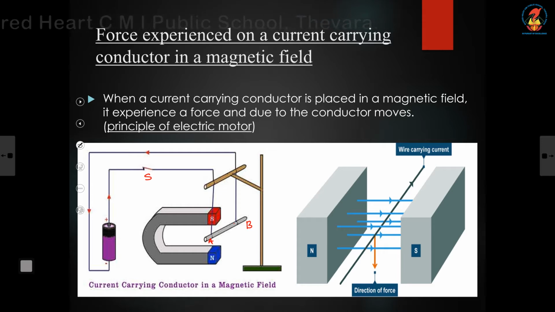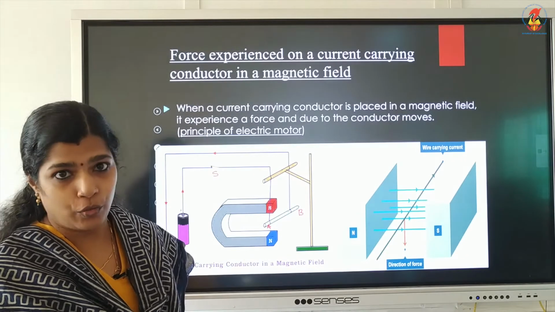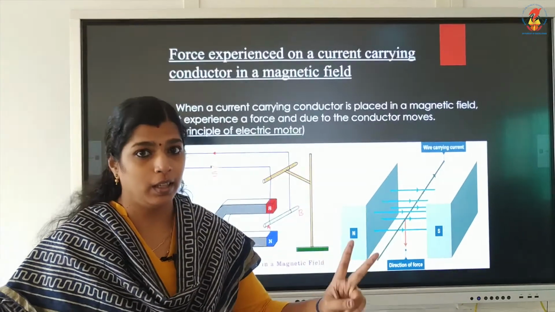Then, this permanent magnet, the horseshoe magnet, has its own magnetic field. So, two magnetic fields will be here.